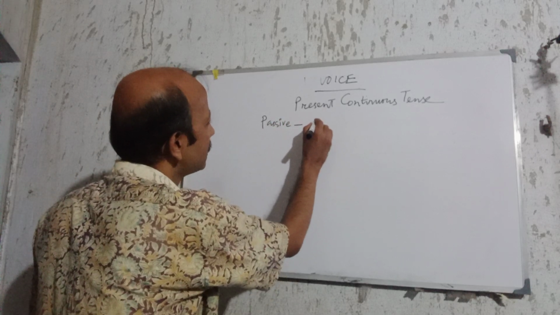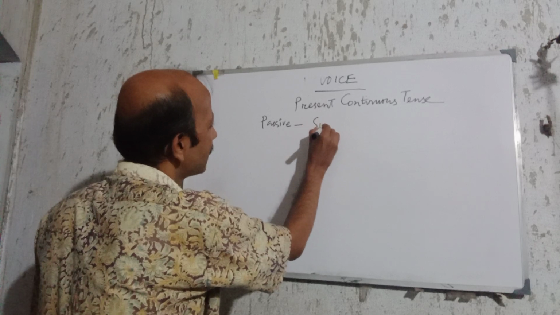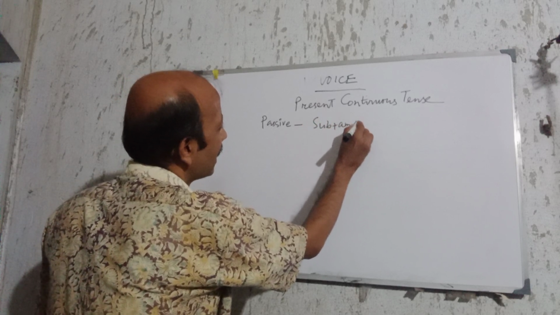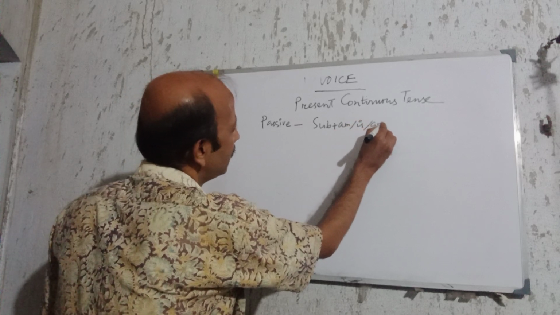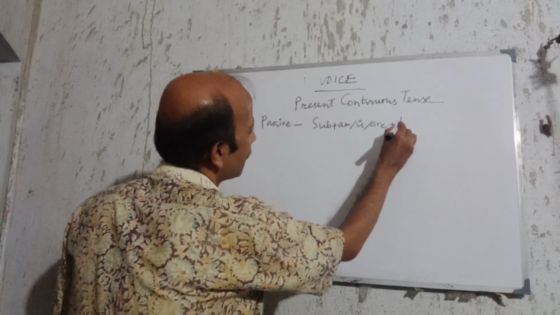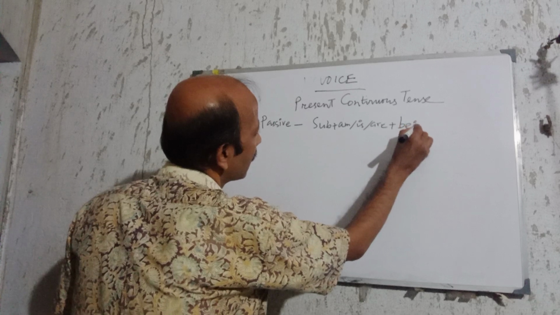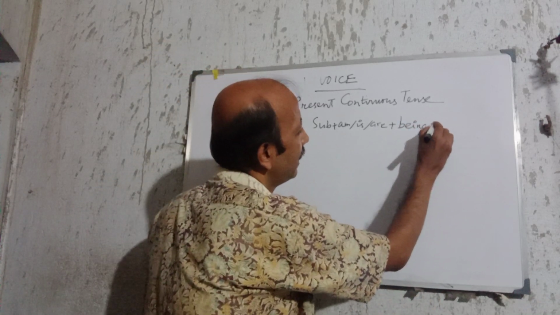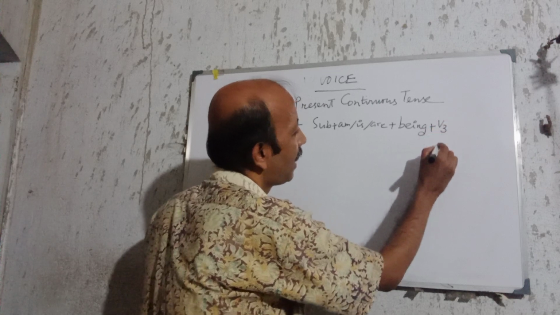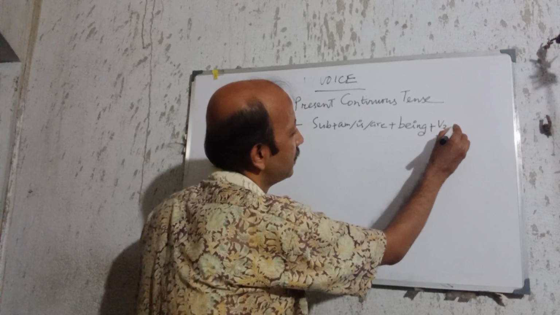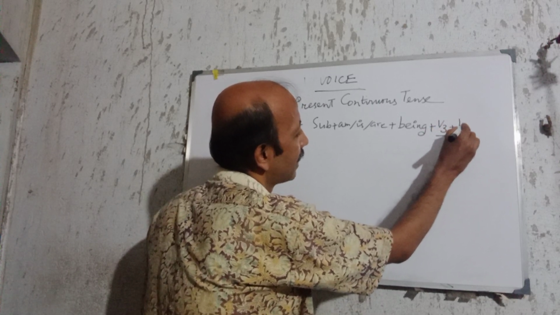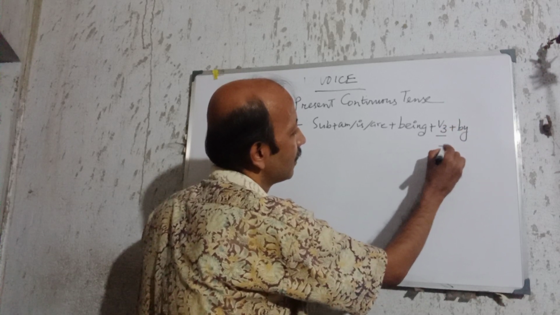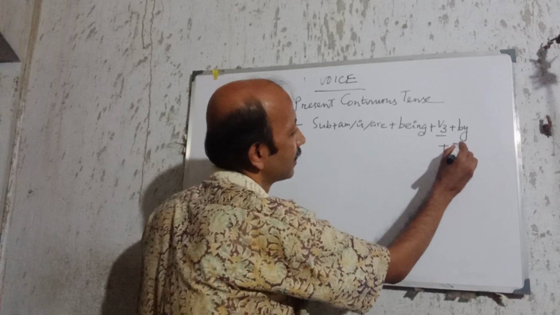The rule is subject, according to the subject, am, is, are will be there. After that, we have to write being. Then the main verb in the past participle form will be written. After that, by, and finally the object.